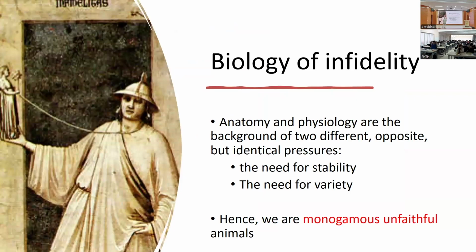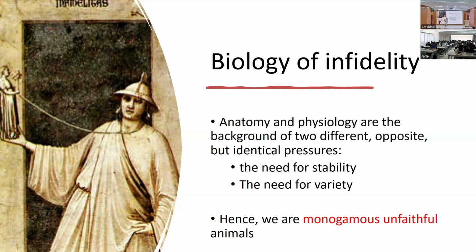So basically, we are following two different pressures. One is the need for stability, to stay in couple, to be stable, to protect our offspring, to protect our children. Very important pressure. But also, everybody should agree that sexual variety is very sexy, is very interesting, is very important.